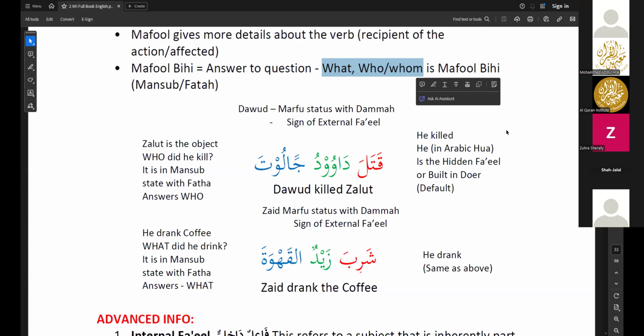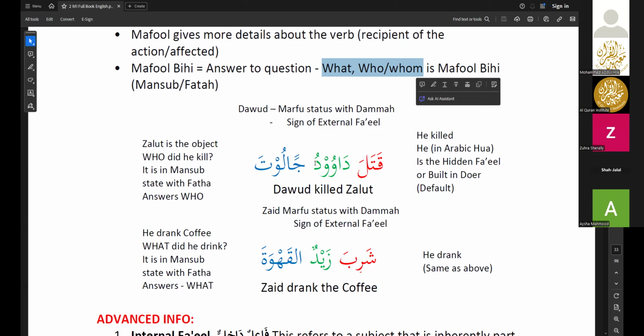Answer to question who, whom is the him, maf'ul, and what did I give him? A book. Do you understand that? Yes or no on the chat box, please. Because if you understand it, you are just 5 miles ahead. Excellent, excellent. So the example Ustad gave, where we can ask both questions, what and who, and we got two answers. So two maf'ul.